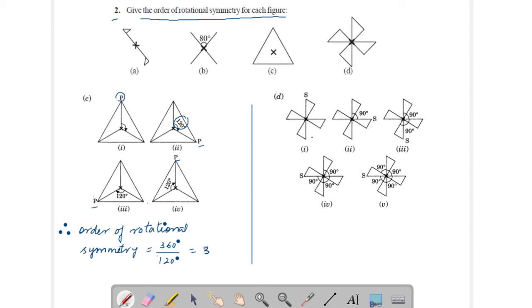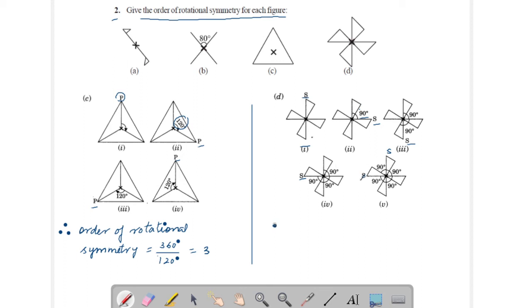Now come to D part. Here D part, it is this figure. Take S here and rotate it at 90 degrees. S will come here. Then again rotate it 90 degrees. S will come here. Again rotate it 90 degrees. S will come here. And again rotate 90 degrees. S will come at this point, that is at original point.